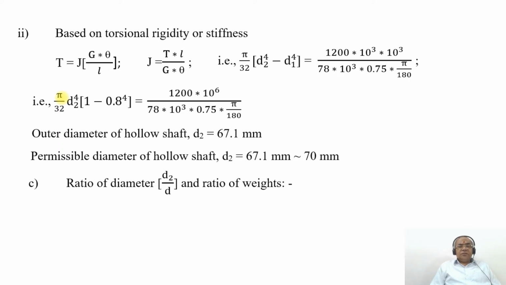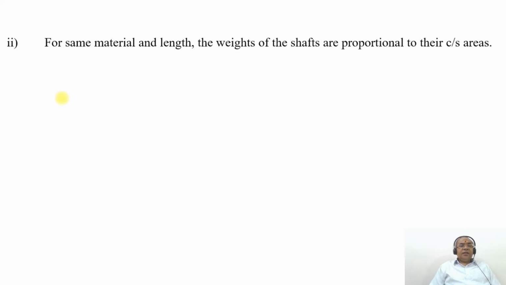Then we need to find the third case, wherein the ratio of diameter D2 by D and the ratio of weights. The ratio of diameter D2 by D will be equal to 67.1 divided by 58.82. On simplification, you get the ratio as 1.14. Similarly, for the same material and length, the weights of the shafts are proportional to their cross-sectional areas.